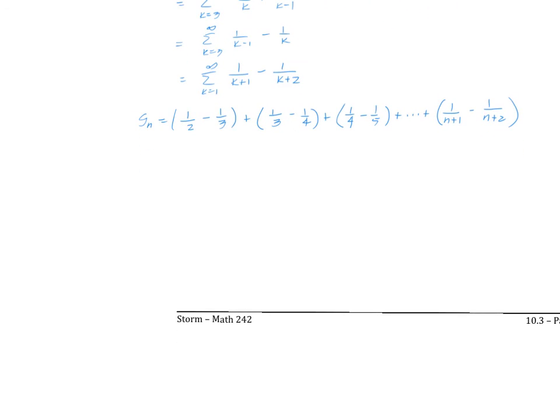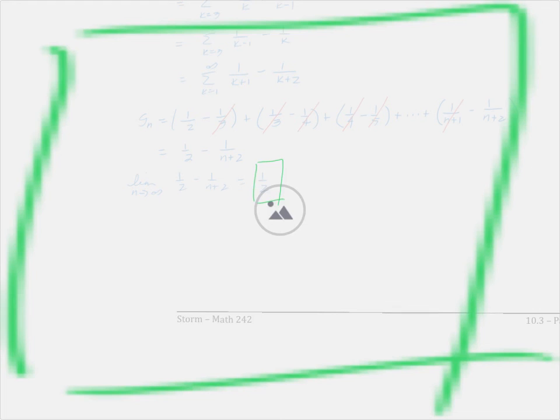The pattern of cancellation would be the last term with the first term. Last, first, last, first. My s sub n is going to be 1/2 minus 1 over n plus 2. So when we take the limit as n goes to infinity of 1/2 minus 1 over n plus 2, that's equal to 1/2, and our series will converge to 1/2. Okay, so that's it for this section.